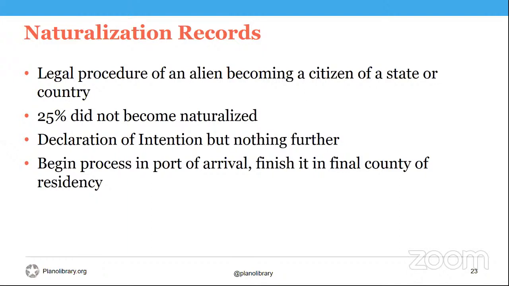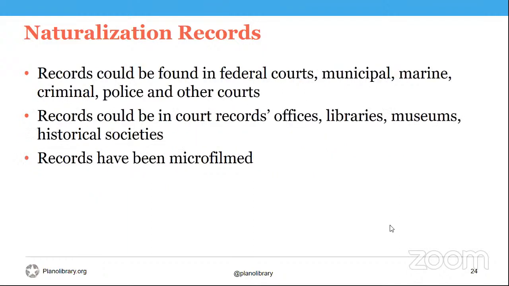Okay, we have a question about the naturalization records. Where exactly can you find them? Well, that's on the next slide, but many of them, they're not all in one place. They can be found in federal courts, municipal, marine, criminal, there's just a lot of places.